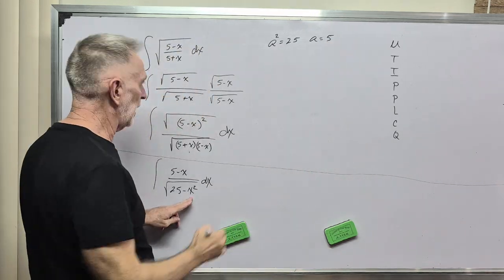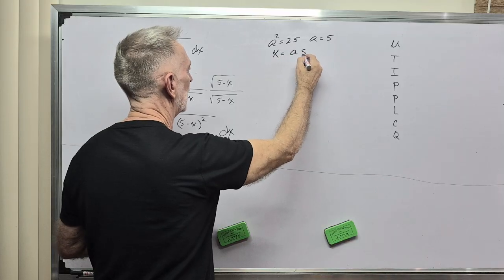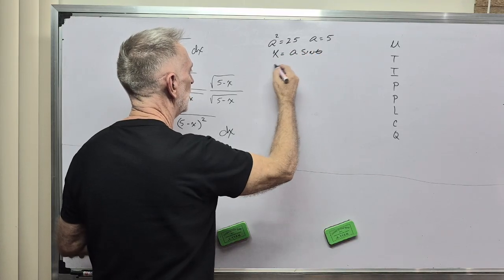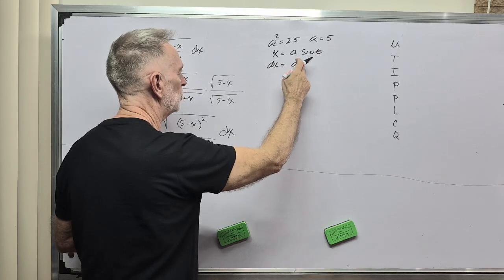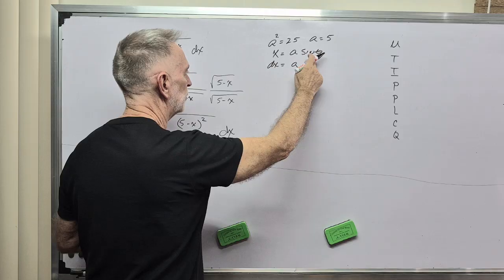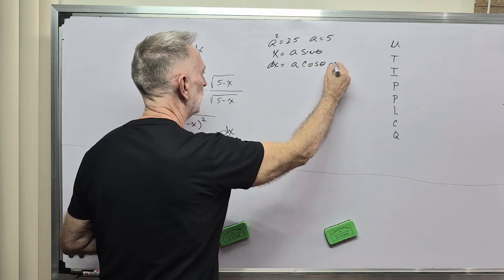For this term x, I'm going to let x equal a sine theta. Then dx equals, using the constant multiple rule, a times the derivative of sine, which is cosine theta d theta.